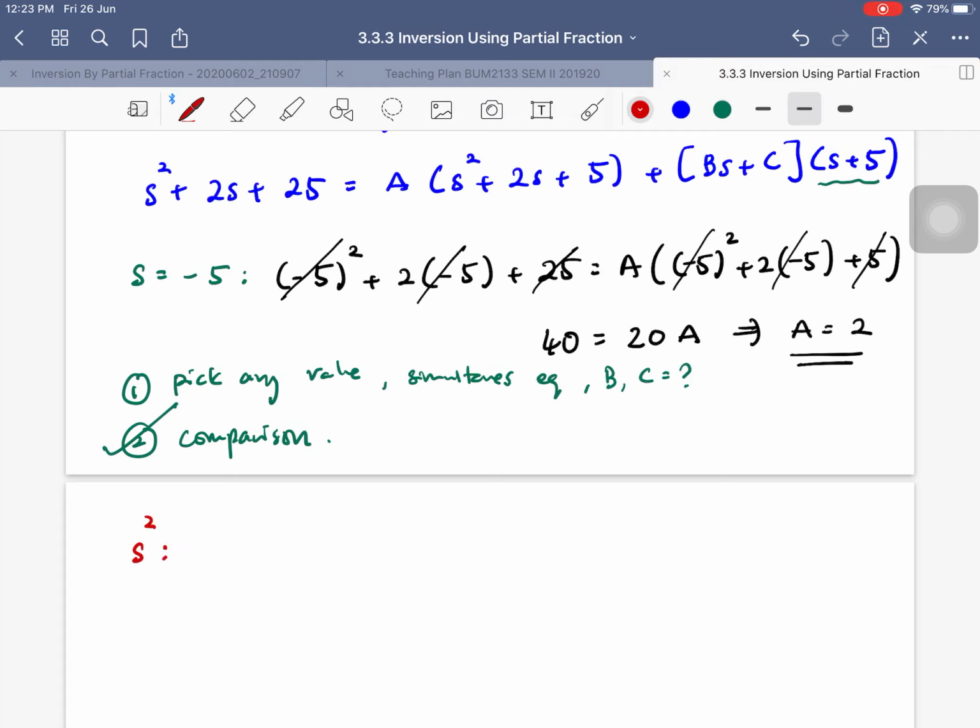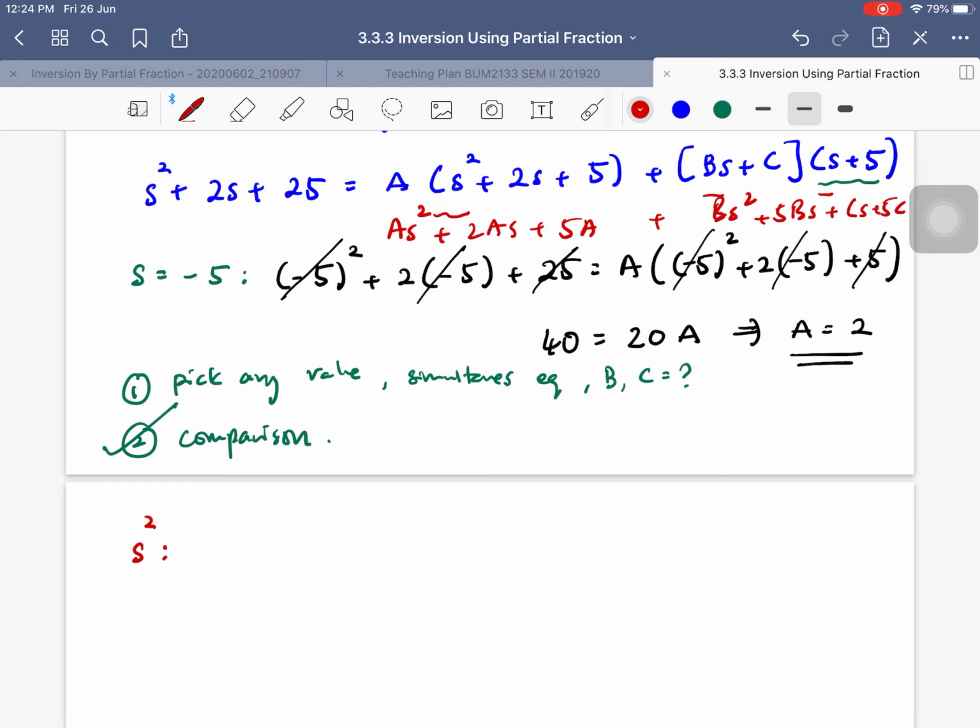When I expand, I'm going to have as squared, and this 2, when I multiply, is going to be bs squared. So those are the only two terms that are in terms of s squared. You can expand them if they are as simple as this. This is going to be just 2as plus 5a, and this is going to be bs squared plus 5bs plus cs plus 5c.